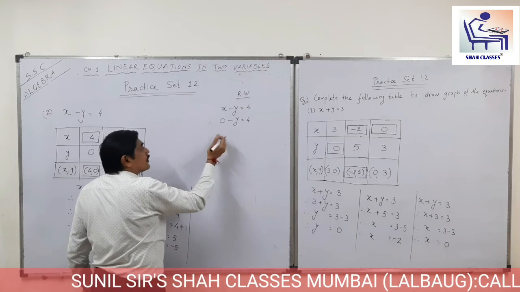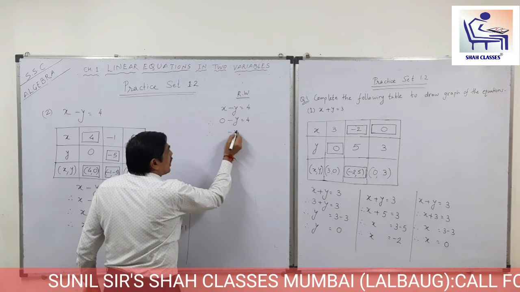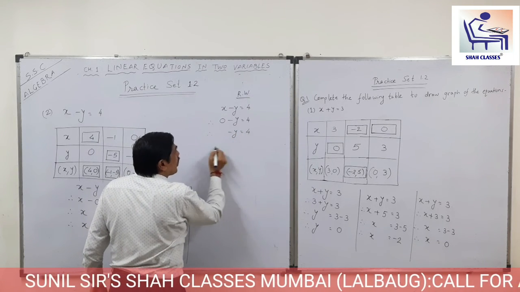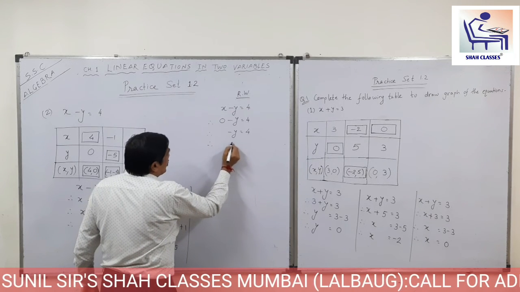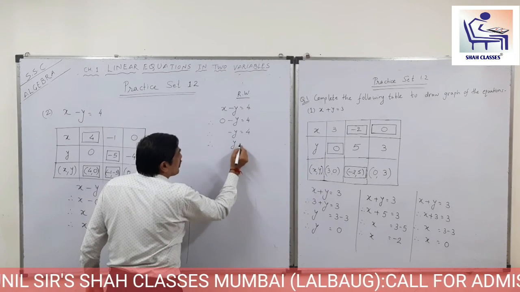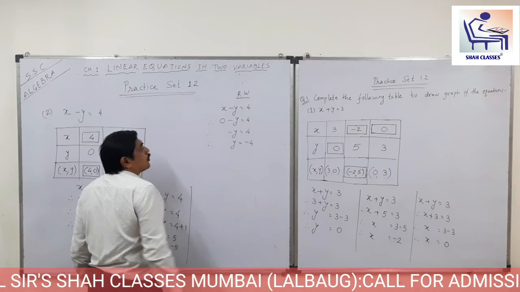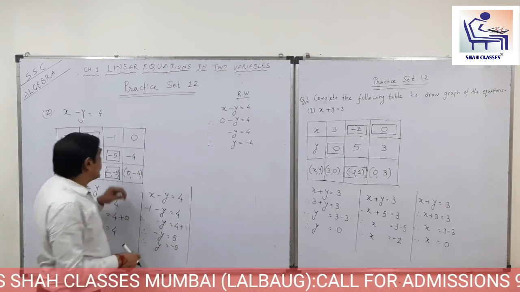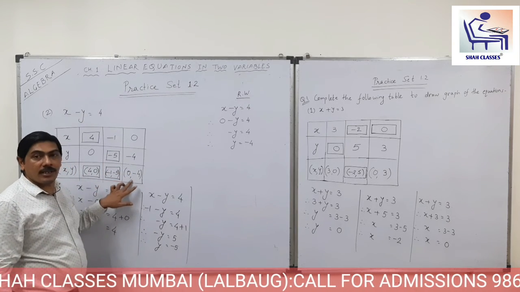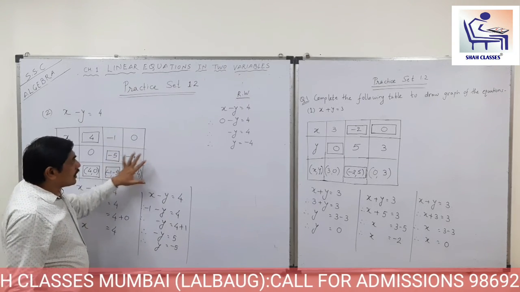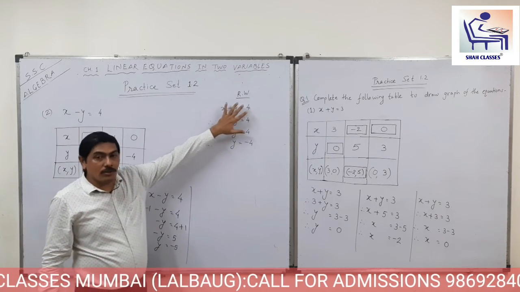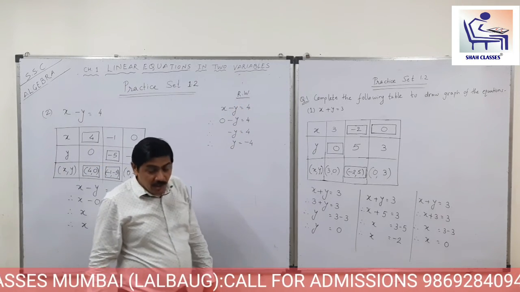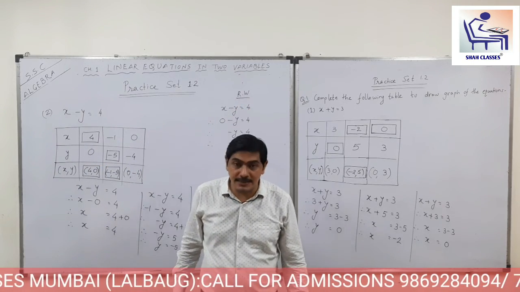Now the value of 0 we are not going to write as it is only 0, so minus y is equal to 4, and once again this sign we will give to this 4, so y is equal to minus 4. So you can verify this, 0 and minus 4 we are getting here. So not needed, but I have written it in your rough work. Okay, so now we can move to the next sum.